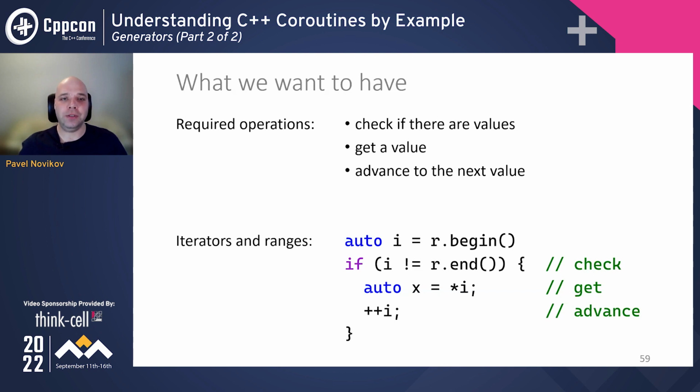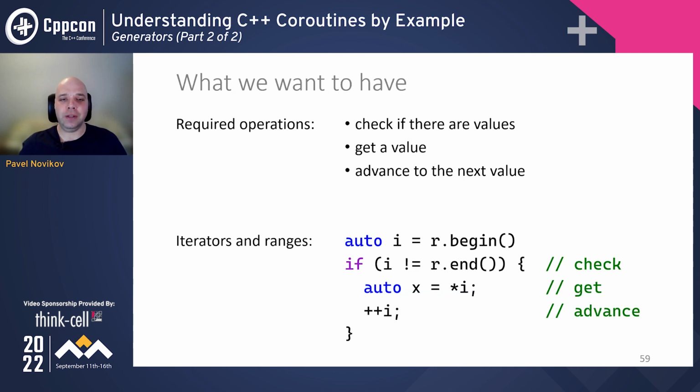We need some means to get values from the generator, and we need something to advance to the next value. And all of these operations can be represented by the concept of iterators and ranges.